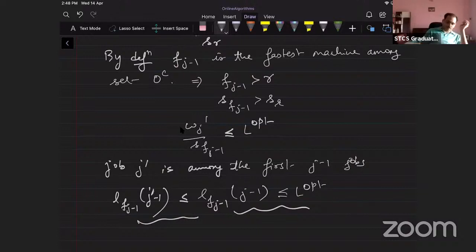See that the load can only increase over time. No jobs are disappearing over time. So as time increases, j' is a job which appears in the first j minus 1 jobs. So this quantity A is less than or equal to B is trivial, and B is less than or equal to C. Why is that?